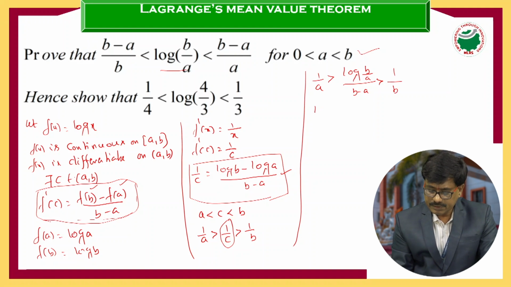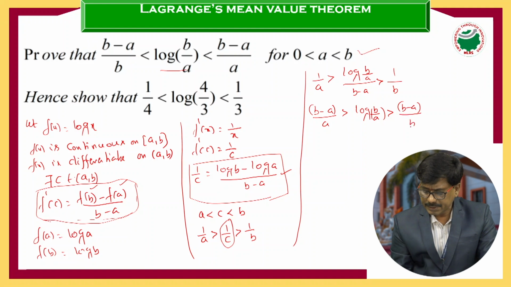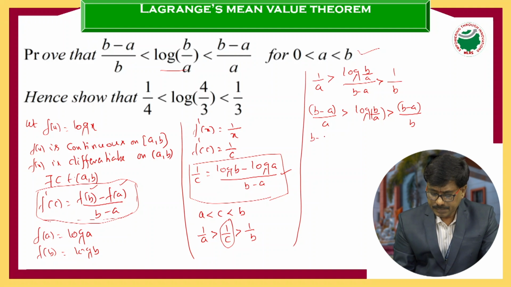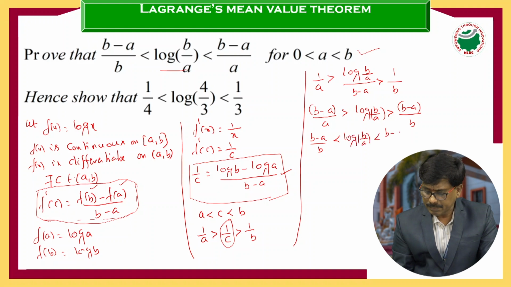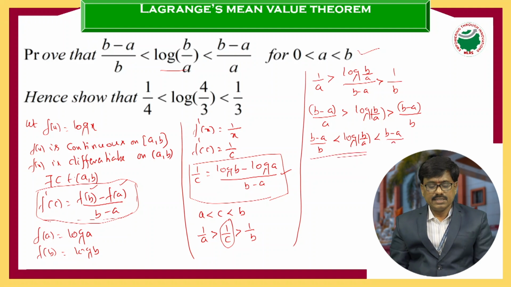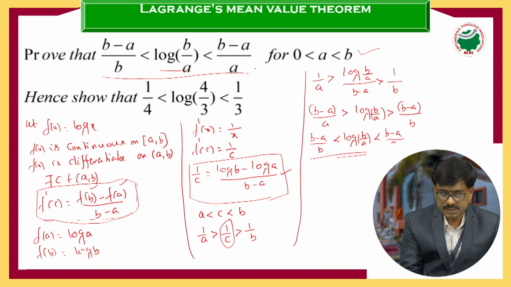If I interchange this inequality, (b minus a) divided by a is greater than log of b by a, which is greater than (b minus a) divided by b. Written in order, it becomes (b minus a) divided by b less than log of b by a less than (b minus a) divided by a. Now we have proved this result.